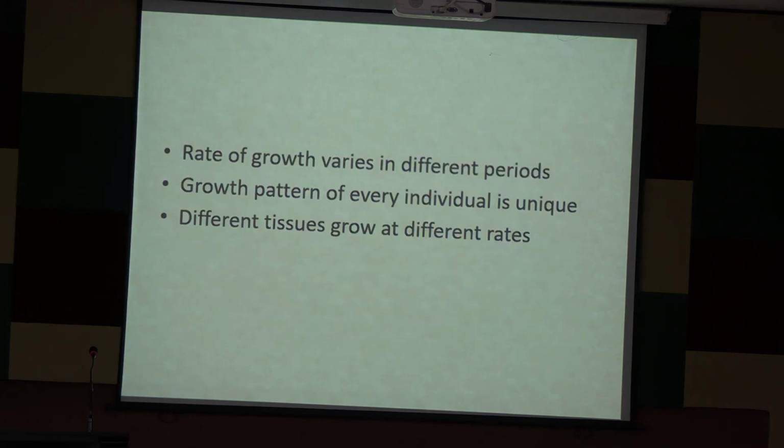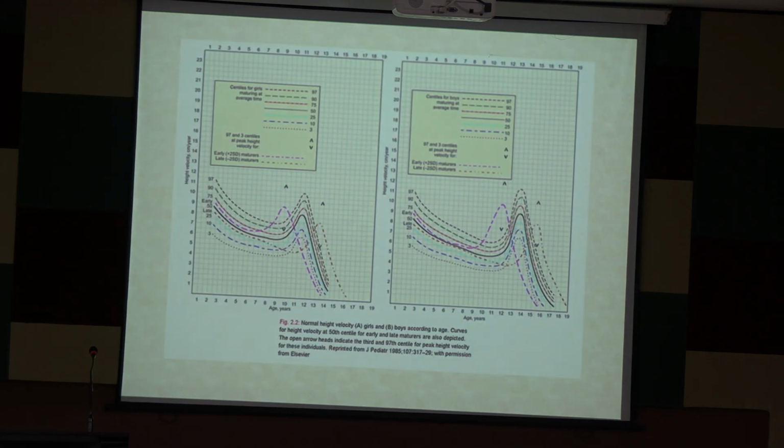So the first point, the unique feature of growth, is that the rate of growth varies in different periods of life. The growth is not uniform throughout the whole period of life. Sometimes the growth is accelerating, sometimes it's steady, sometimes it is decelerating. If you look at this graph, you can see that it is not uniform throughout life.